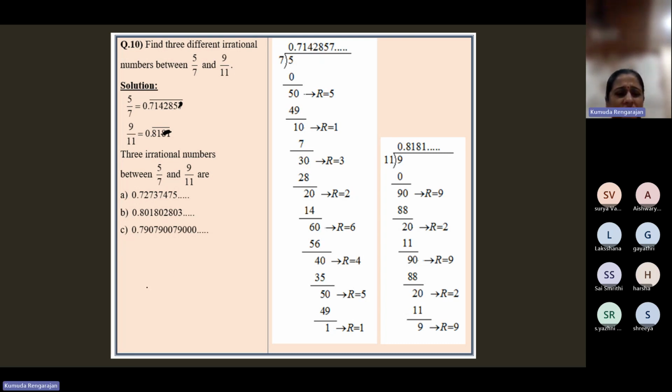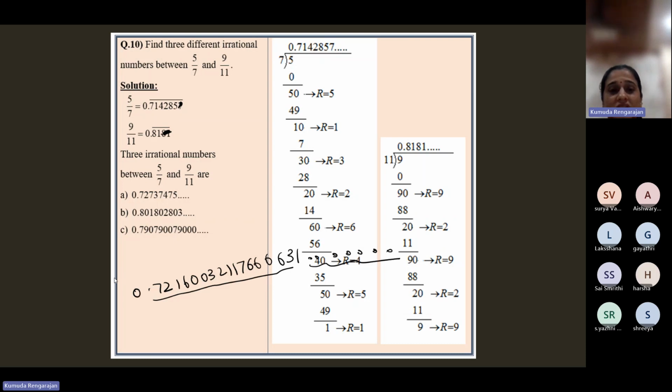Anything vague you can write. See here, 0.72, 16, 0032. Just write what you feel like. 117666631, anything, and make sure you put the dots after it. If you don't show this, then this becomes a terminating decimal, which is not an irrational number. It's a rational number.